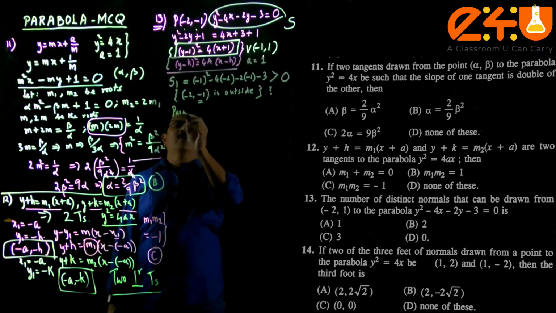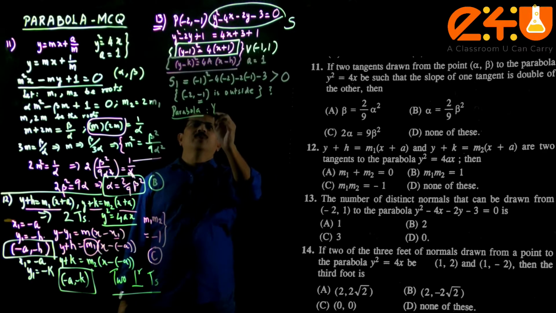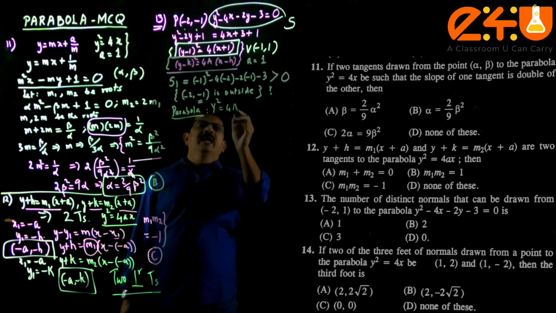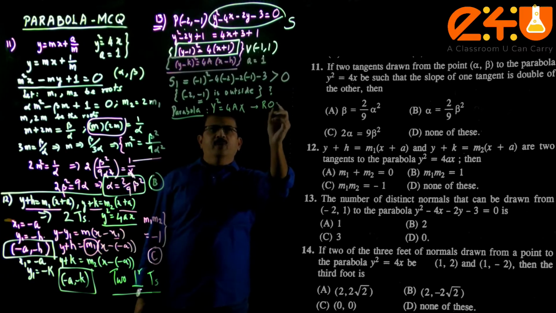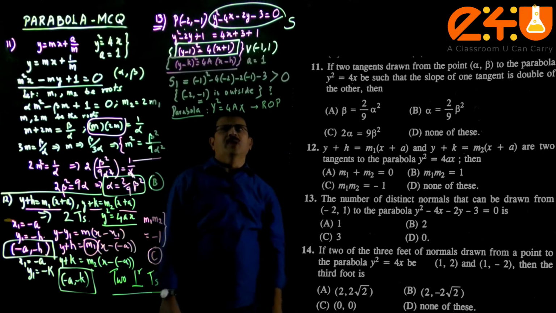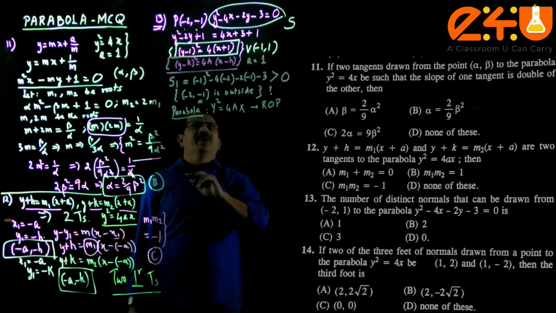Regarding the parabola, what are the highlights we got? It belongs to the y squared equals 4ax model, so it is a right-open parabola only. And the vertex is minus 1 comma 1.